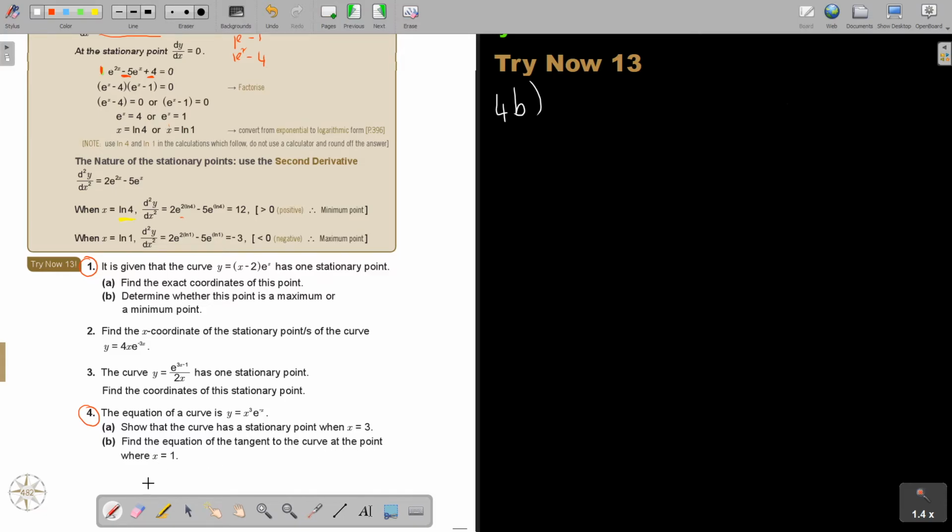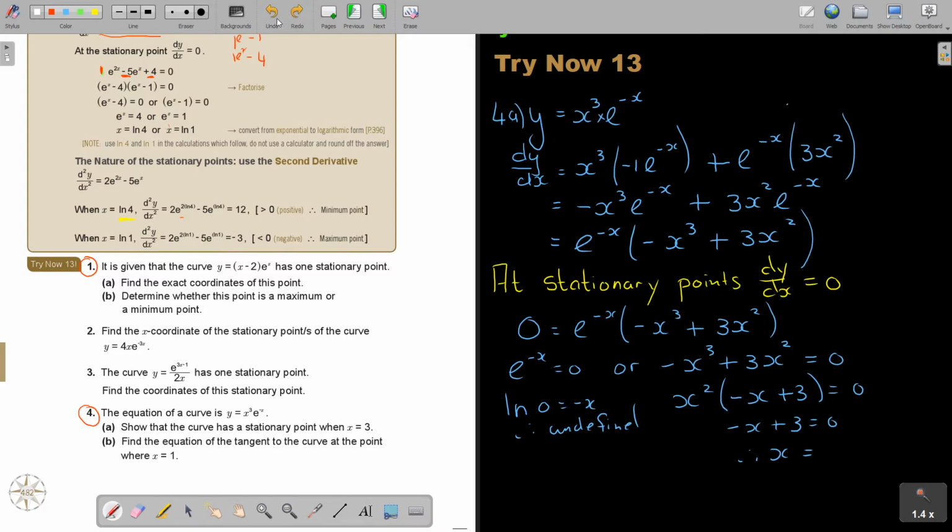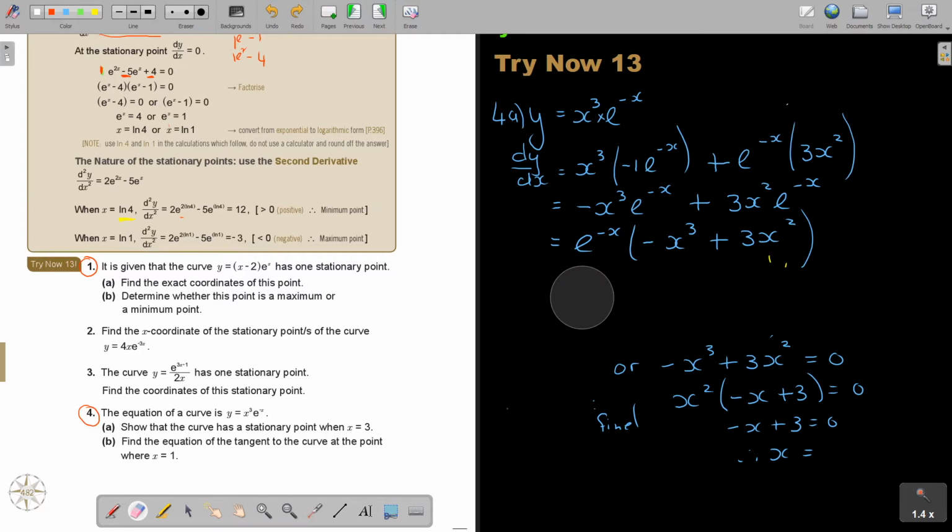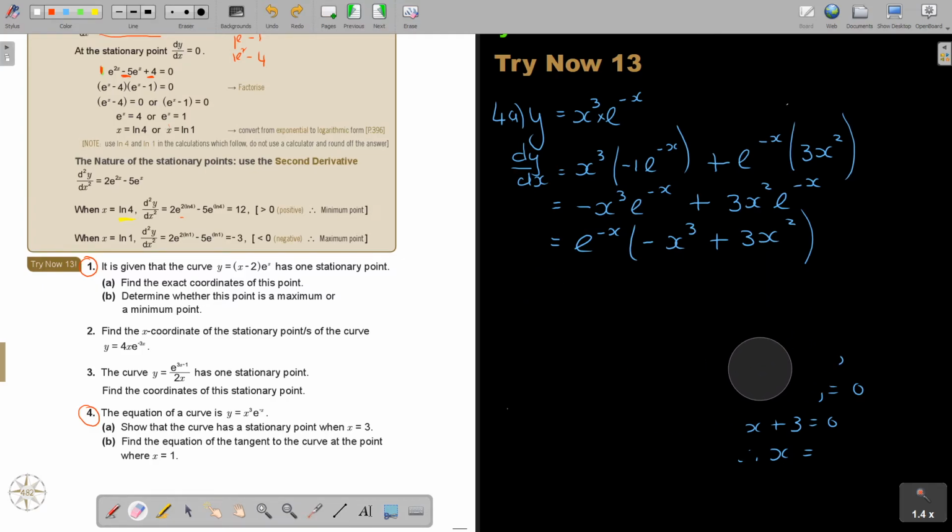Luckily I can do this. I'm going to use this formula, which I already differentiated there, because it's not the stationary point. Otherwise, you just rewrite that one.